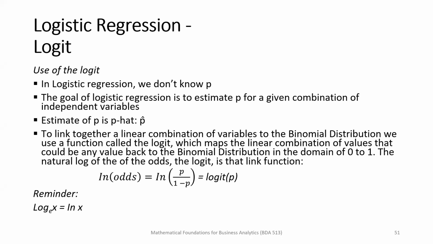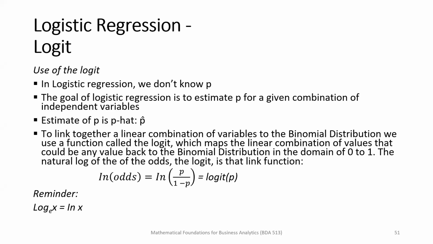It is not a normal numeric or quantitative variable. Here the dependent variable is a categorical variable. I want to estimate the probability of each situation, whether it will be yes or no. So to estimate P, we use P hat.